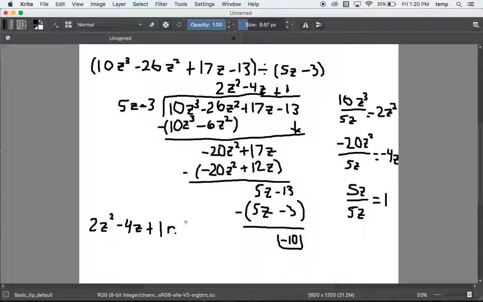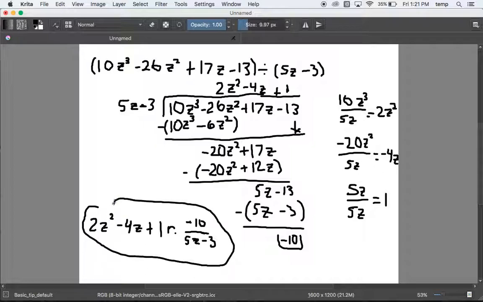In this case, it's negative 10. So our remainder is negative 10 divided by whatever your divisor is, 5z minus 3. So that would be your final answer dealing with remainders.